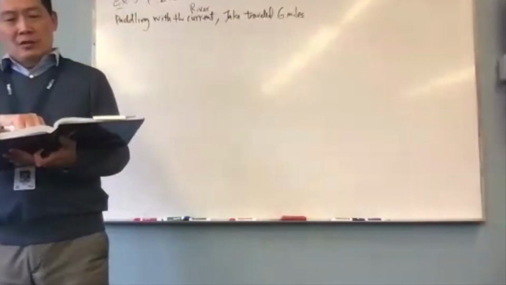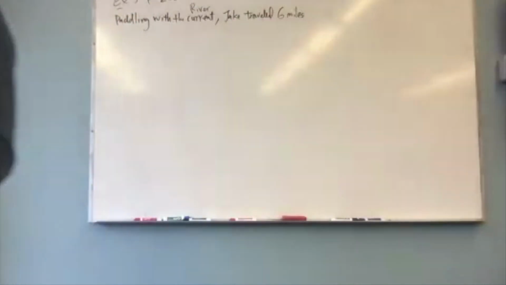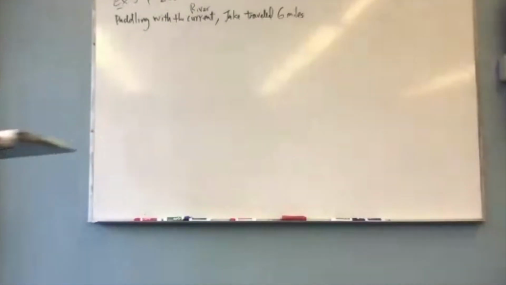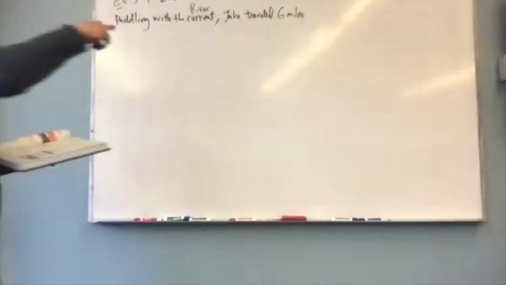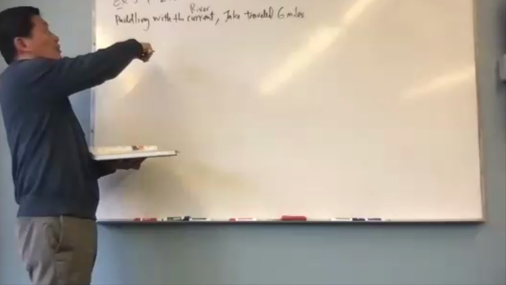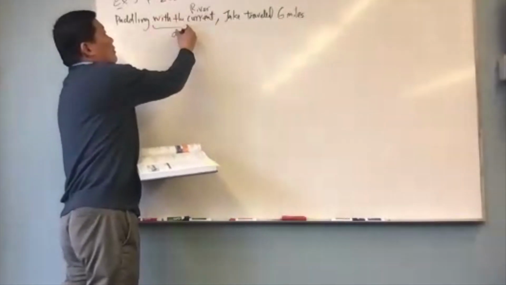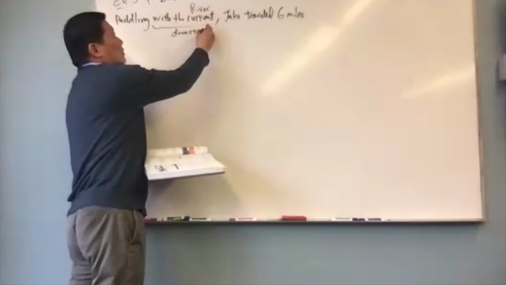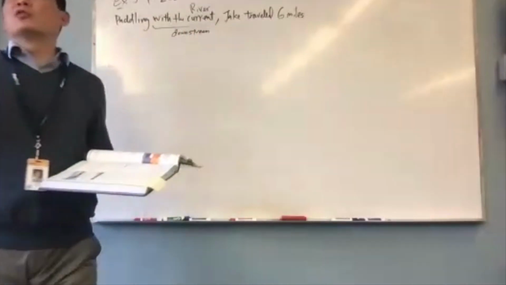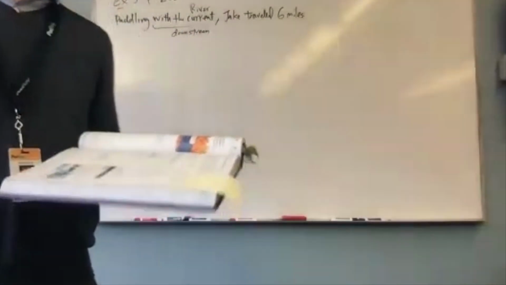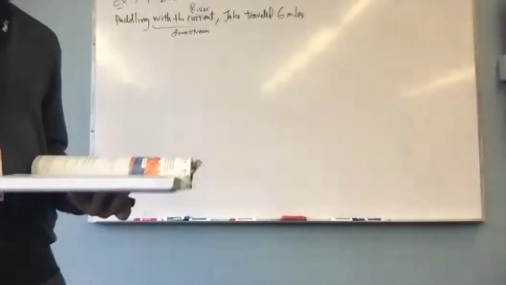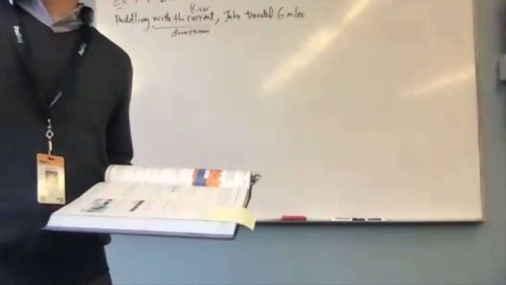The second sentence says, even though he paddled upstream. Then you can go back into the first sentence and say, okay, paddling with the current, that means this is downstream. Even though the sentence didn't say that, you should be able to make that conclusion. That would be very important when you set up an equation.